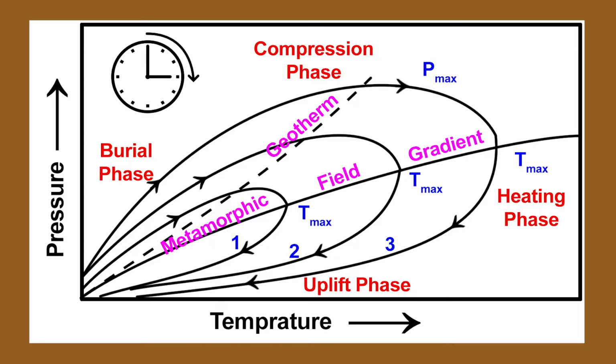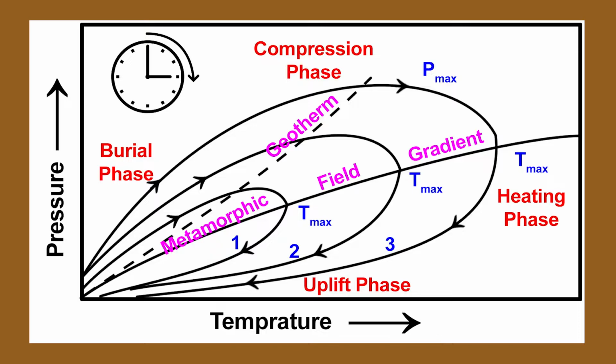Theoretically, the paths taken by various rocks are given by curved loops in PT space. See figure 1 on the screen, the shape of which has interesting geodynamic significance. All paths begin and end at the origin of the PT diagram, because this point represents the conditions at the earth's surface.